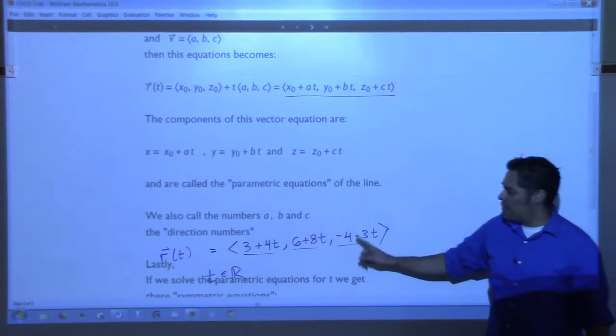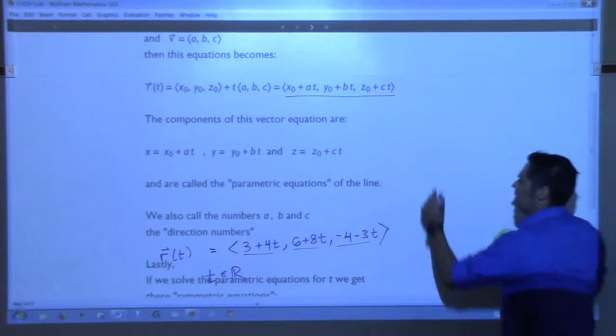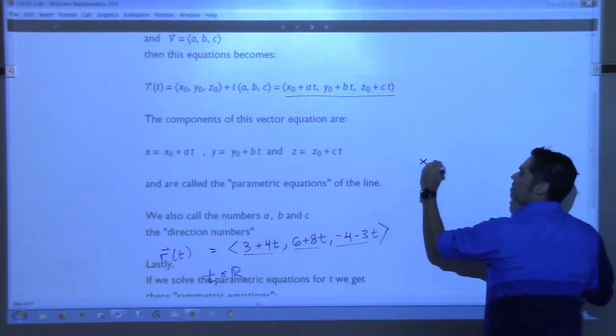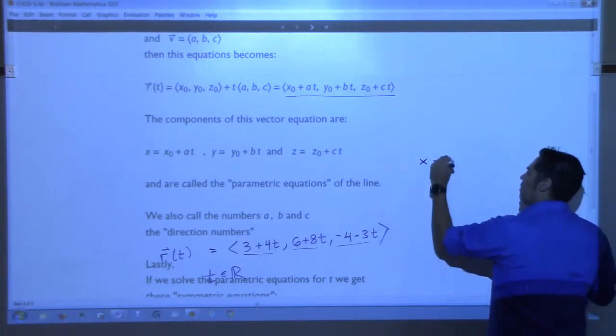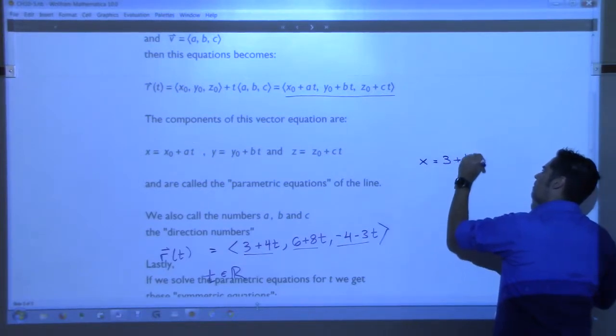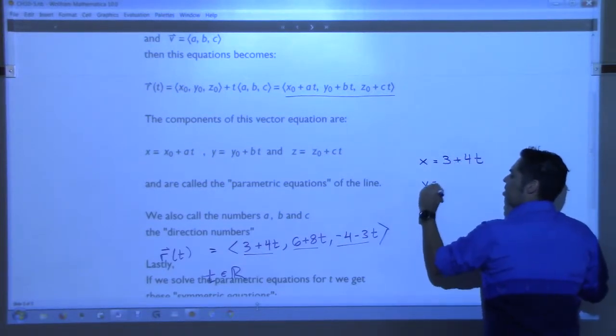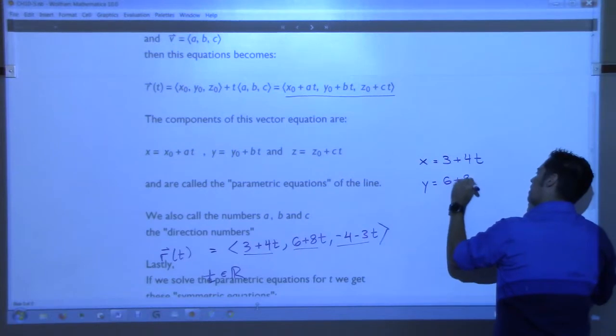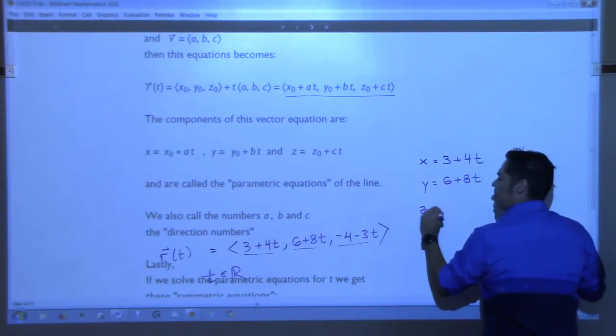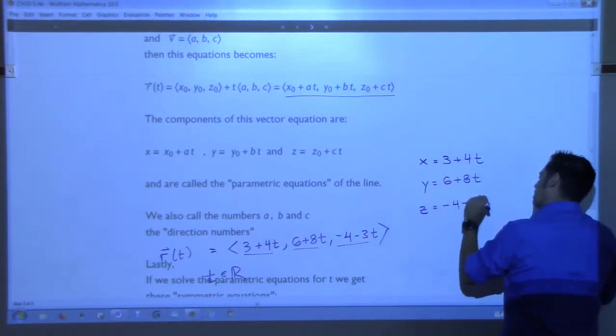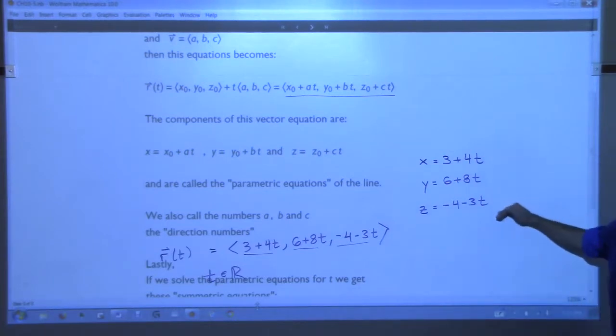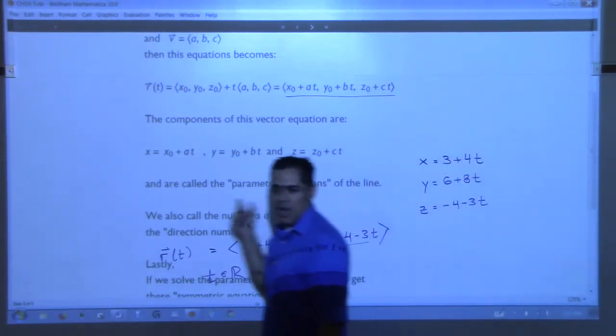These have special names. The x component is 3 plus 4t. The y component for us would be 6 plus 8t. And then the z component would be negative 4 minus 3t. These three equations are known as the parametric equations of that line.